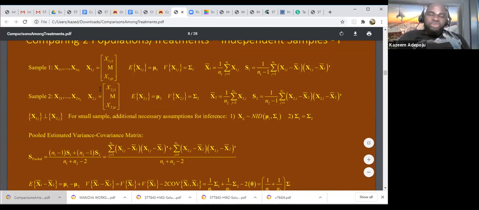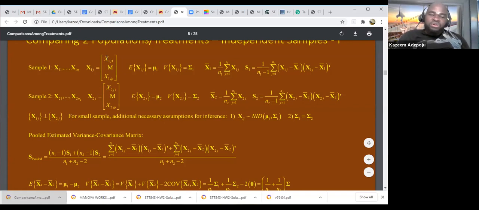So right now, we want to test for the equality of the mean. Equality of the mean vector is just, say, the weight of somebody, or the temperature if this represents temperature here, and this is also going to represent temperature here.